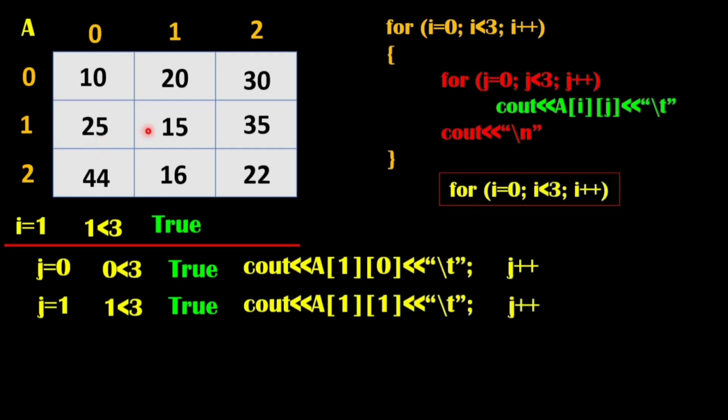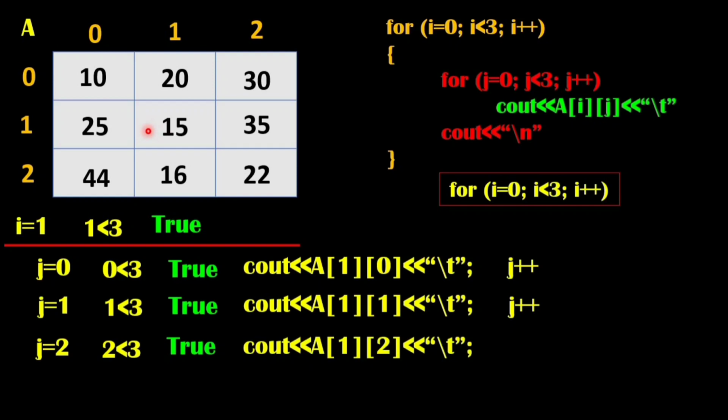Then j will be incremented. Then j is equal to 2. 2 is less than 3. That is true. Then we are printing a of 1 2. That is 35. Then the j value will be incremented. j became 3 now. 3 less than 3 is false. So it will come out of the j loop.